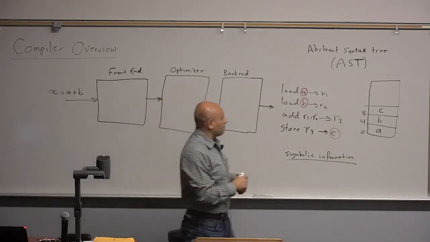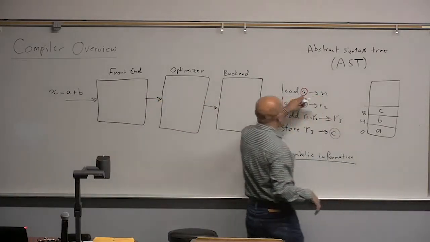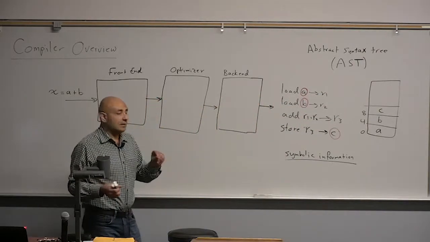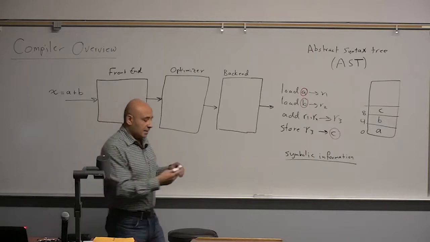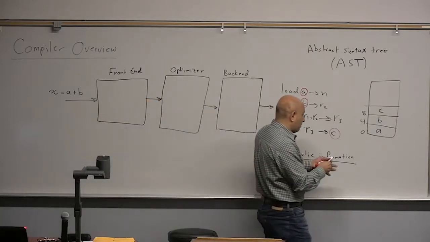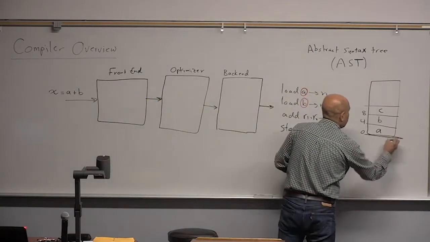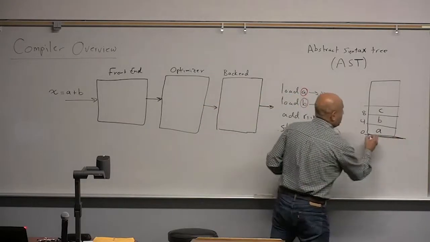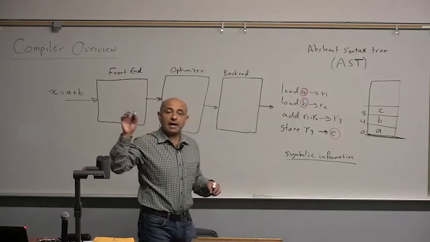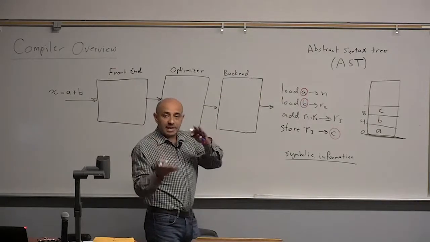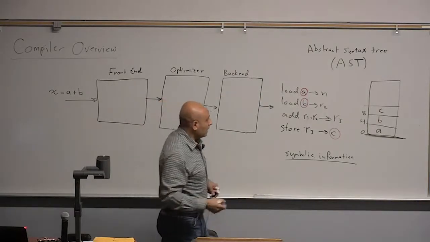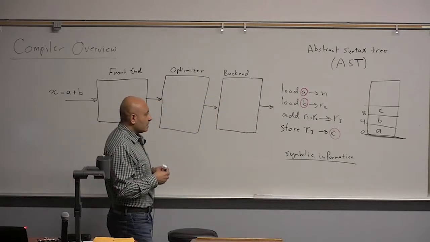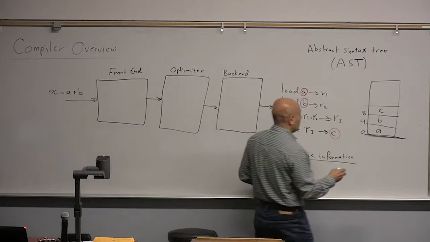So in reality, this A is going to be an offset relative to a certain base, and the base is the base address of the stack or the frame for that particular program, which is the frame or activation record. So it's a pointer to the activation record, the stack frame for the current function, the function that we are currently compiling.